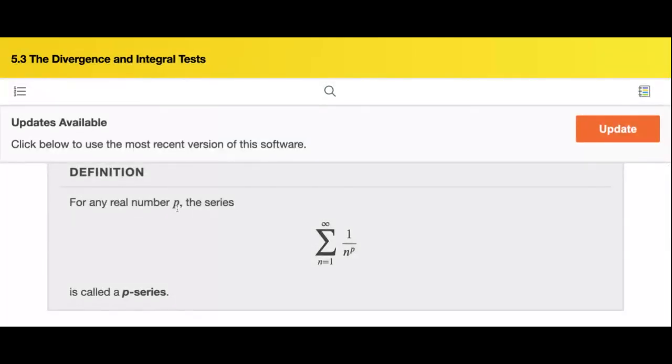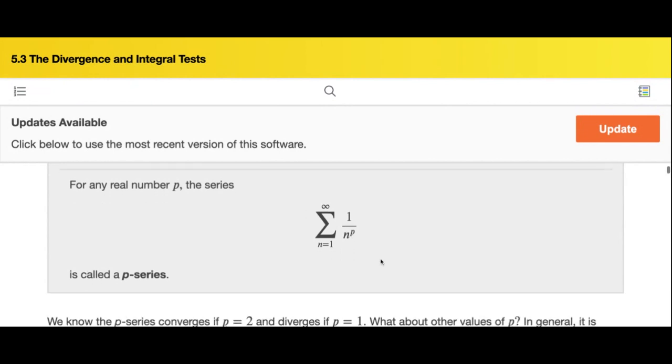For any real number P, P can be positive, P can be negative. The series 1 over n raised to p is called a p series.